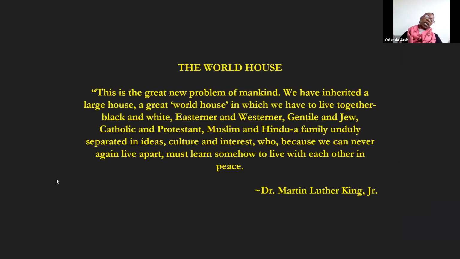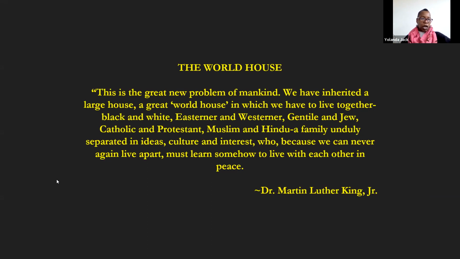And where do we have this beloved community? How do we experience it? Is it just in our cities? Is it just in our homes? And Dr. King responds to this as well in the world house concept. "This is the great new problem of mankind," he says.